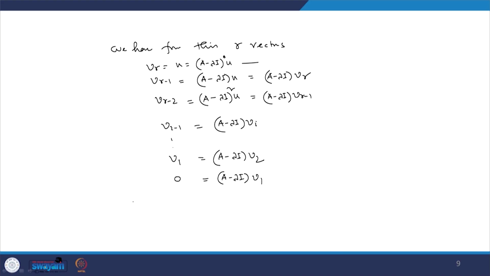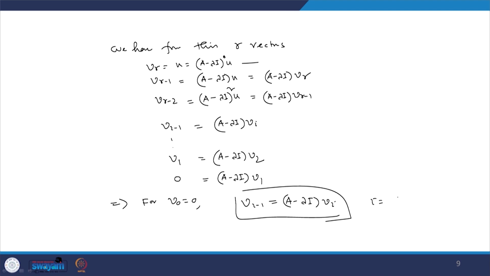So, this implies for V0 equal to 0, I can write a relation like Vi−1 equal to (A − λI) operating on Vi, for i equal to 1 to R.